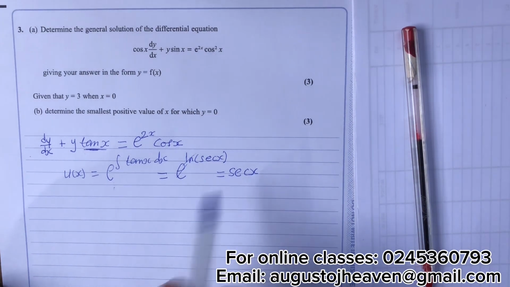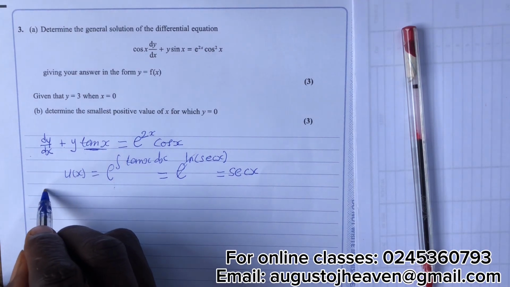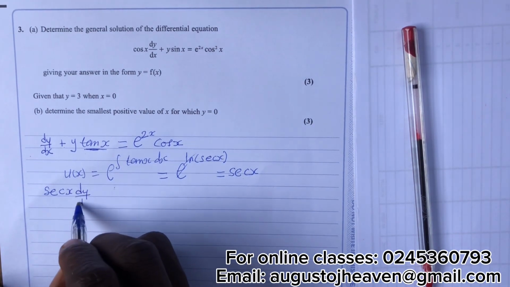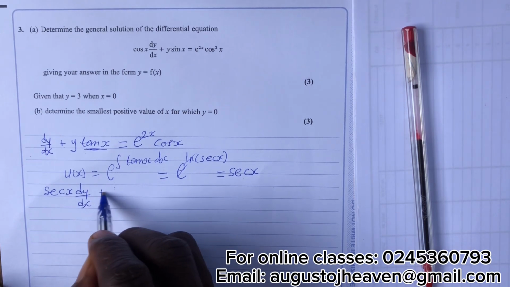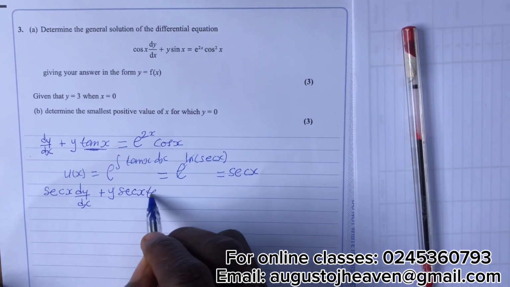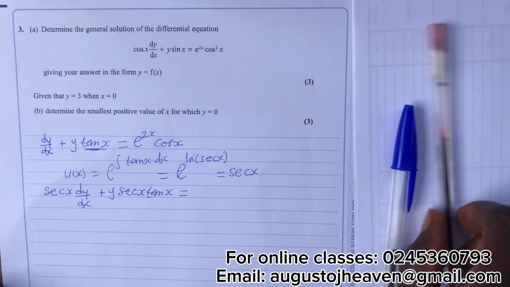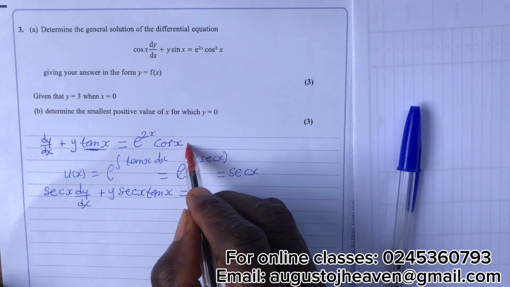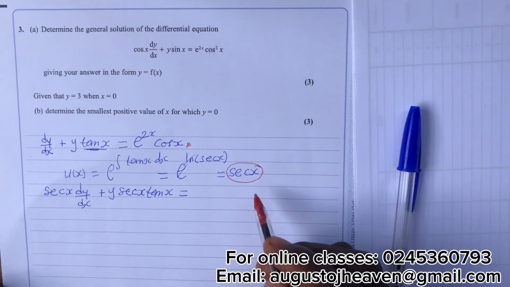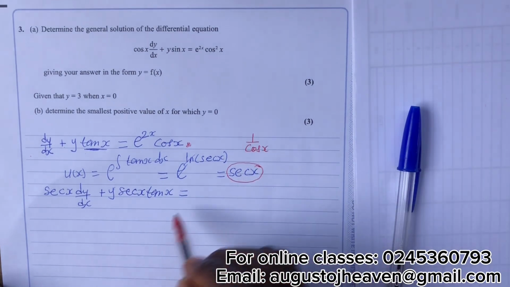So we take the integral factor and multiply it through this. So we're going to have secant of x dy on dx plus y times secant of x times tangent of x equals, now if we multiply here by secant of x, you know that this secant of x is simply 1 over cosine of x.